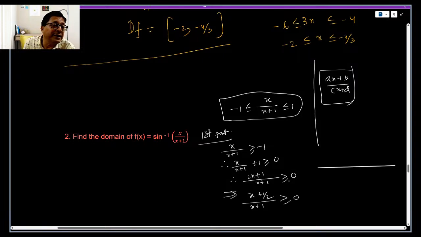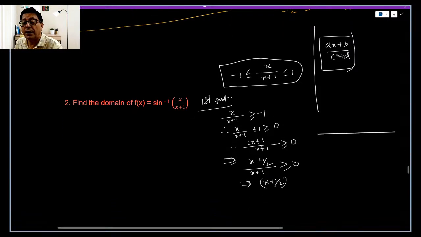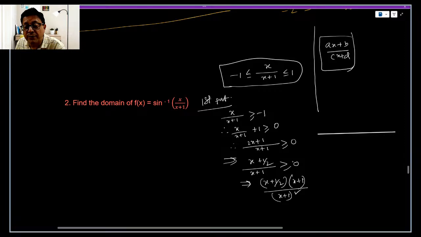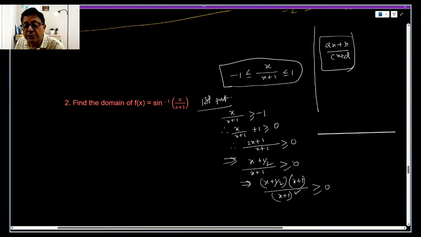Both will be positive or both will be negative. Or you can simplify it in this manner also. x plus half, converted into a quadratic expression: x plus half times x plus 1 by x plus 1 whole square, greater than or equal to 0.